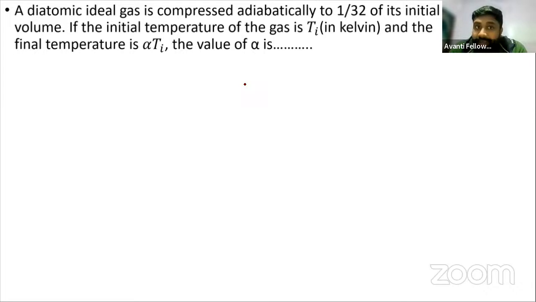A diatomic ideal gas is compressed adiabatically to 1 by 32 of its initial volume. Now, if the initial temperature of the gas is Ti and the final temperature is alpha Ti, what is the value of alpha here? Okay. So a very simple question. And the options are, option A is 4, option B is 8, option C is 2, and option D is none. Okay, so try to solve this.